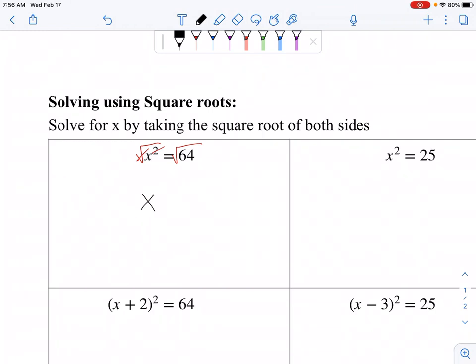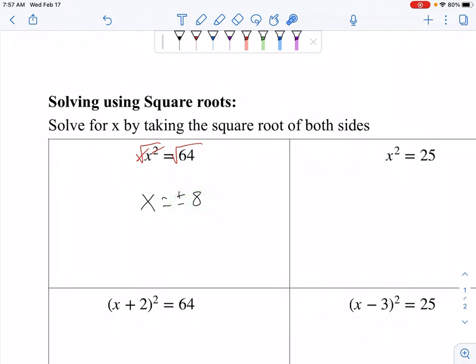But when we're solving and we take the square root, we're actually going to get two answers, because there are two values that x could be. x could be positive 8. x could also be negative 8. I got that from taking the square root of 64. So x is equal to plus or minus 8.